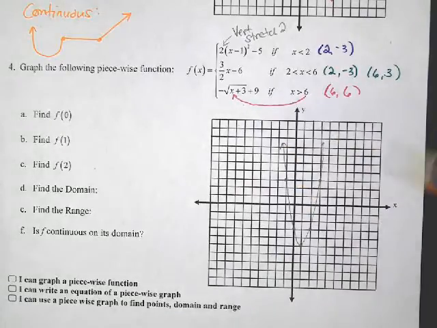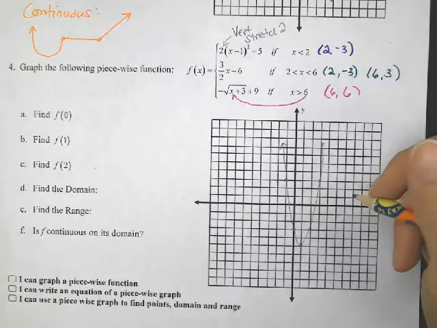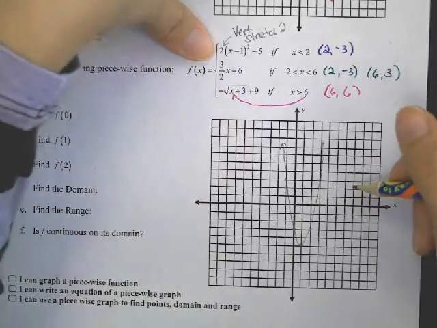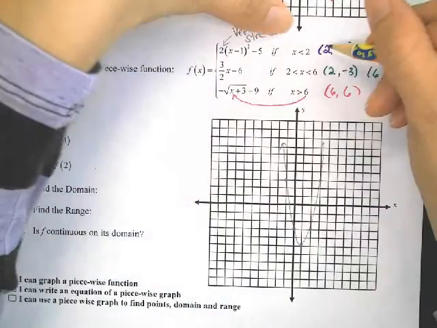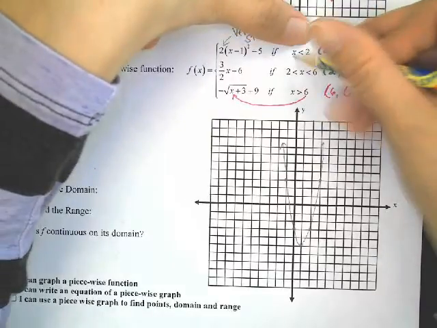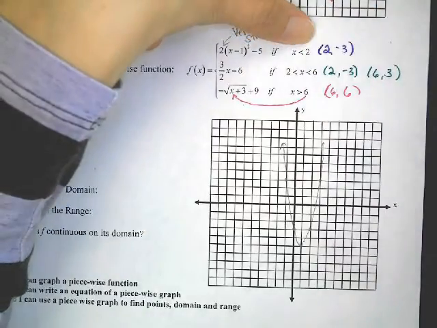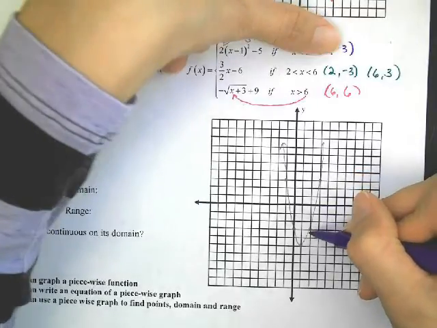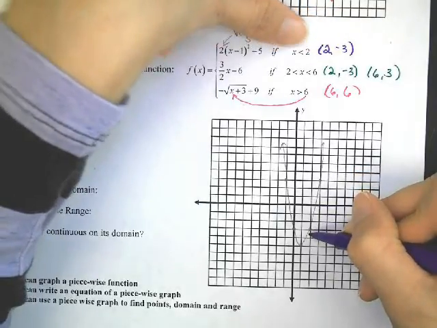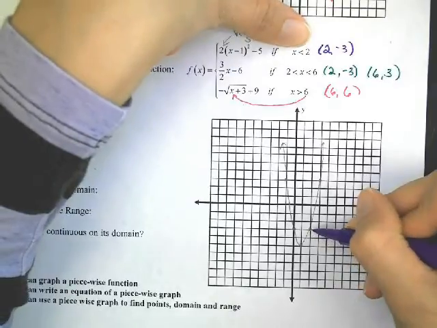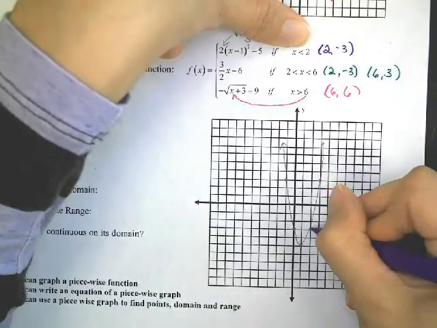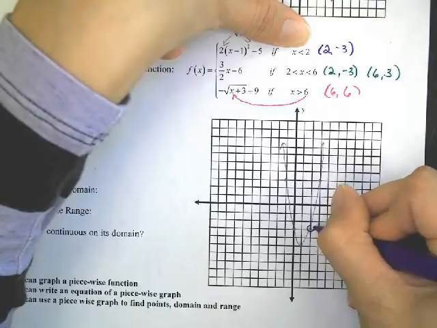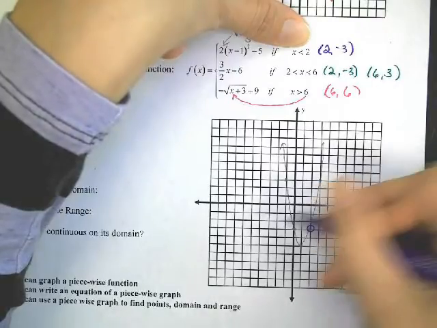Okay, except this parabola needs to be less than 2. So let's go to 2, x value 2, and I'm down here. Oh yeah, 2, negative 3. Good, it's working. And I want to be less than 2. So should I equal this point? This is going to be an open bubble. And then I'm going to go less.